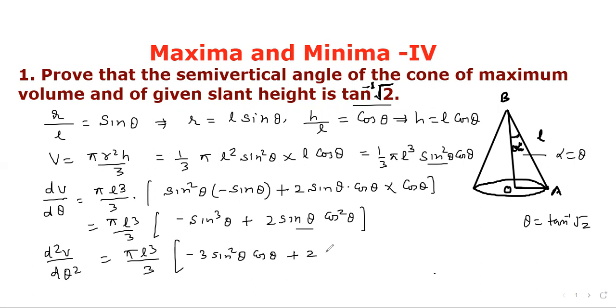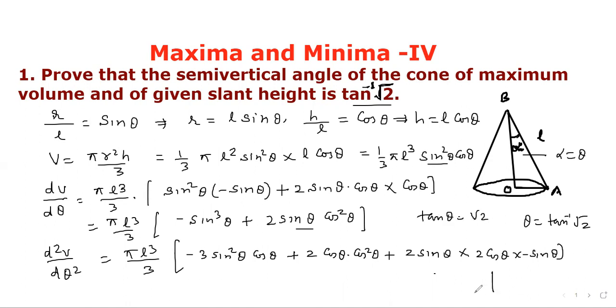We apply product rule. 2 cos theta times cos square theta plus 2 sine theta into 2 cos theta times sine theta.